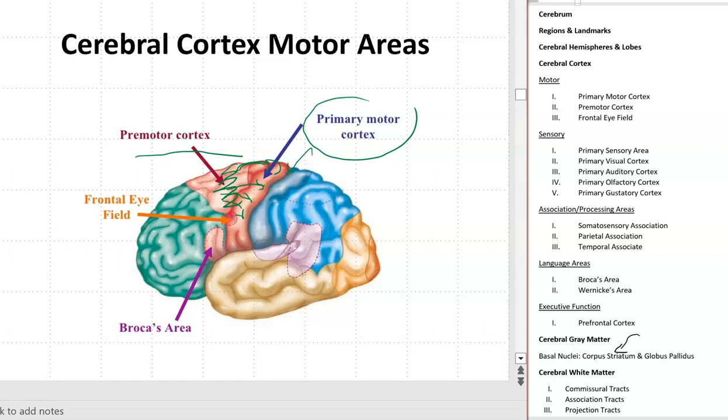So each neuron in the primary motor cortex, right, is going to go to a very specific muscle, whereas the premotor cortex controls groups of neurons. So the premotor cortex, we're still in the frontal lobe. It's located anterior to the primary motor cortex, and it functions for planning and coordinating muscle movement because the neurons here are going to stimulate groups of neurons in the primary motor cortex.